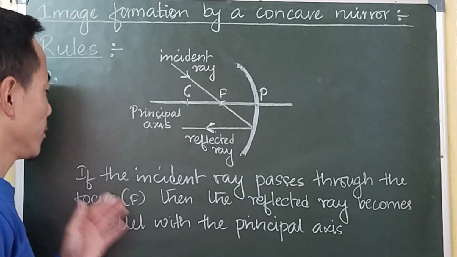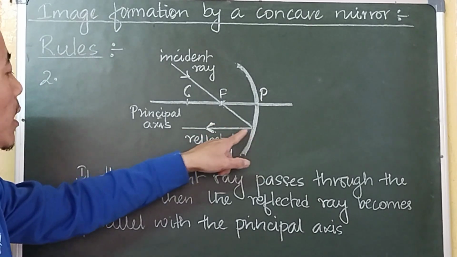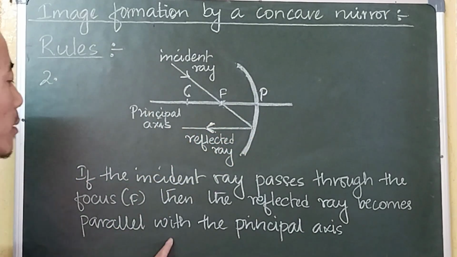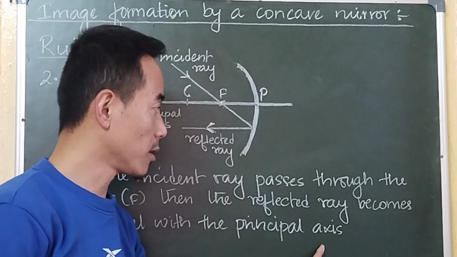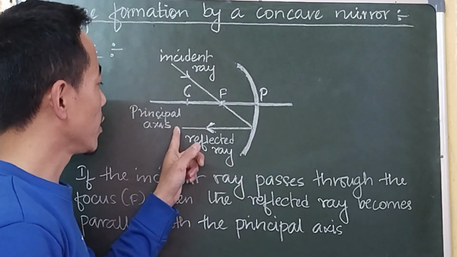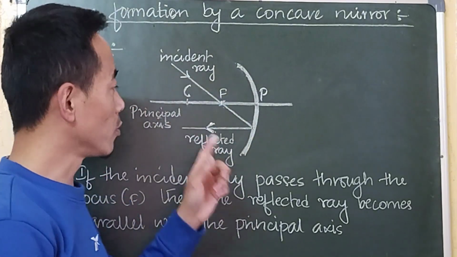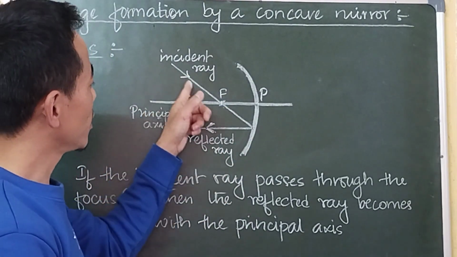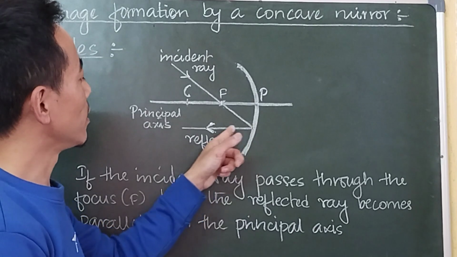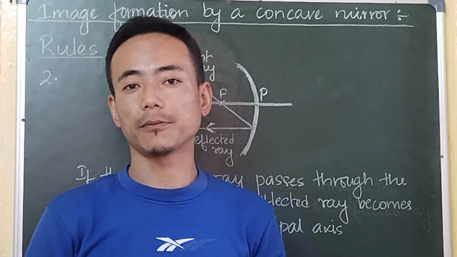So the statement: if the incident ray passes through the focus F, then the reflected ray becomes parallel with the principal axis. This is just the reverse of the first rule, which says that if the incident ray is parallel, then the reflected ray passes through the focus. So rule number 2 is just the opposite.